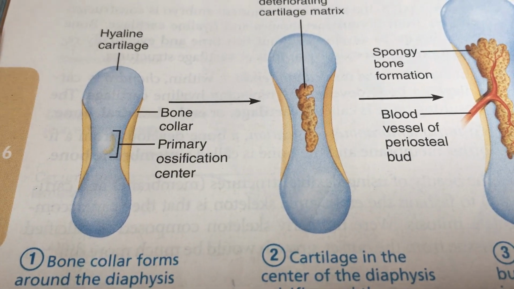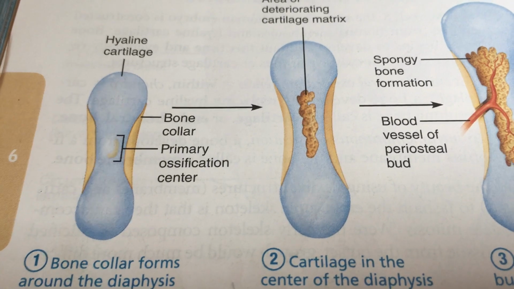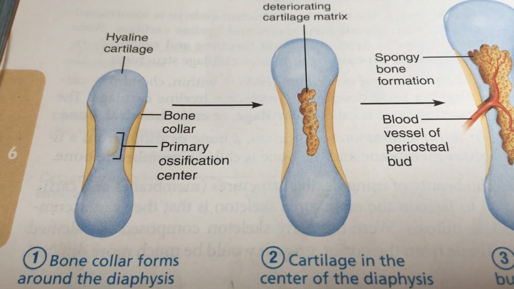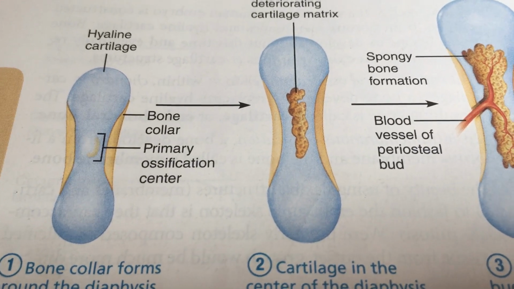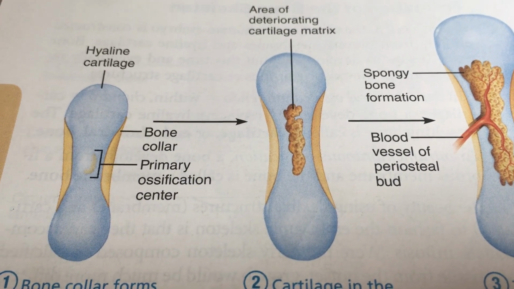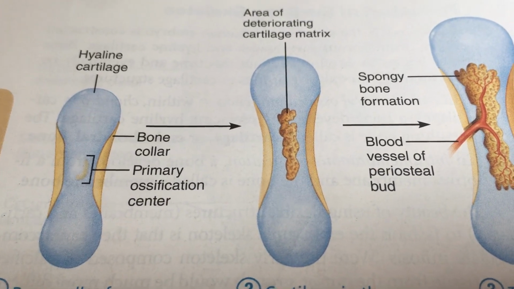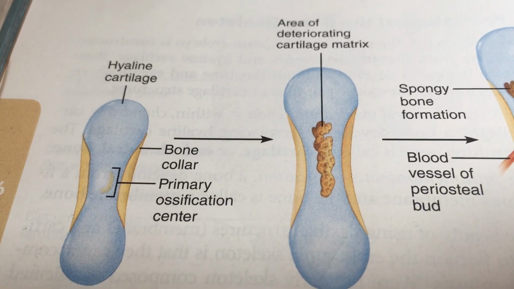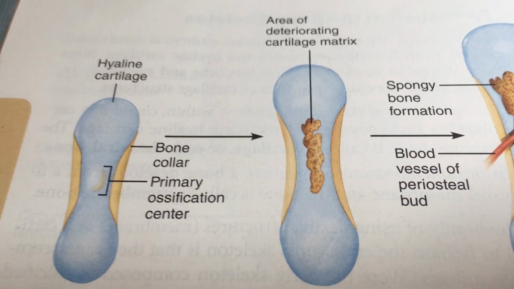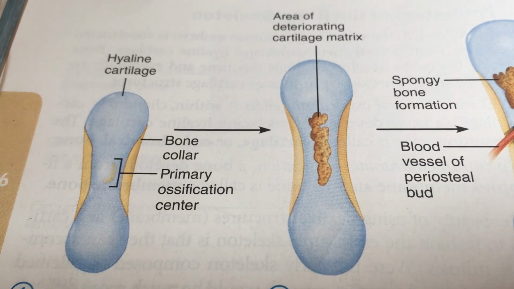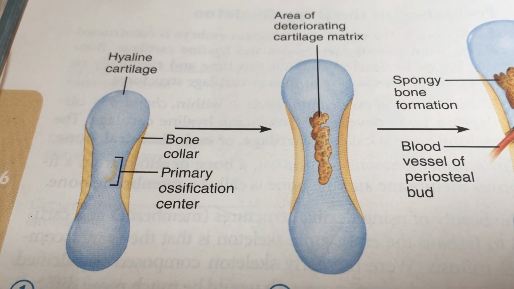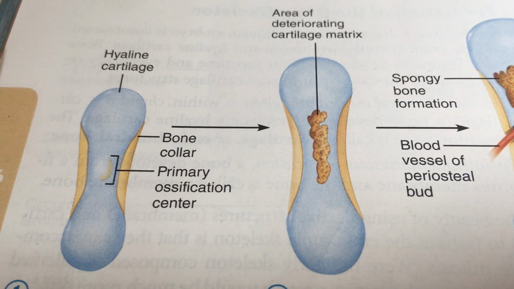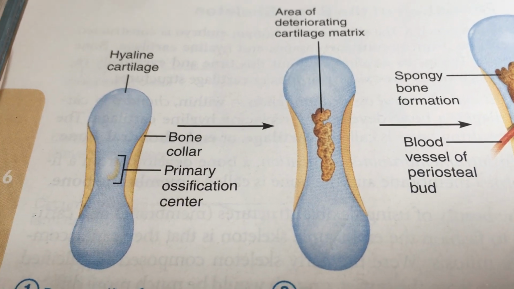So the wrist is just a series of cartilaginous little areas of primary ossification. As they ossify and then become calcified, you can actually age someone based on which bones are present or have not yet ossified.